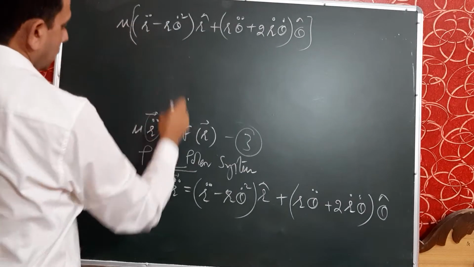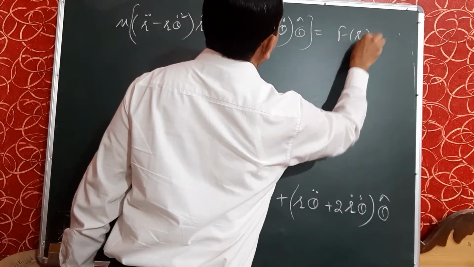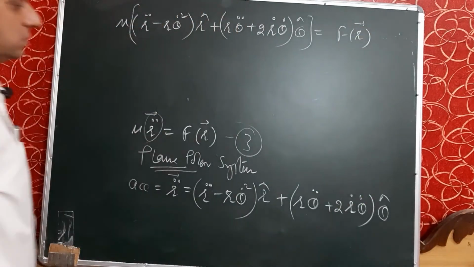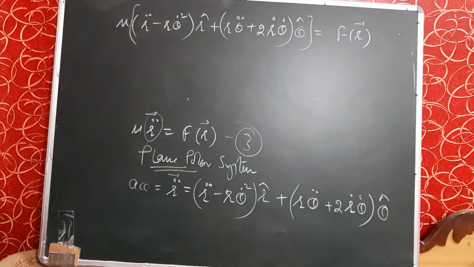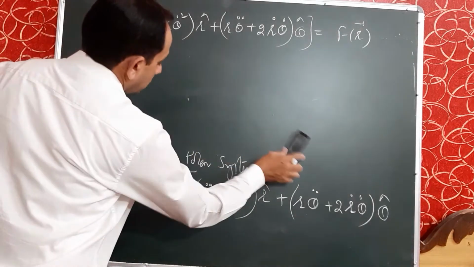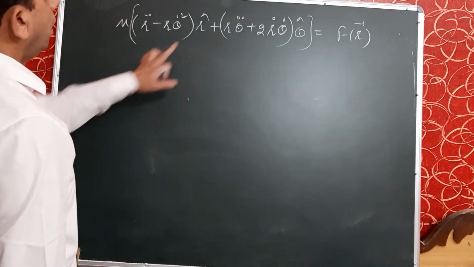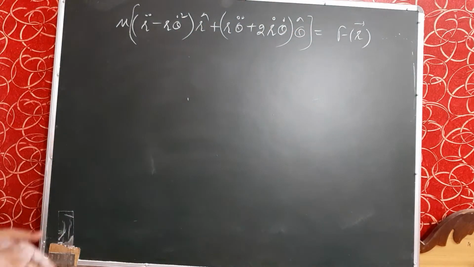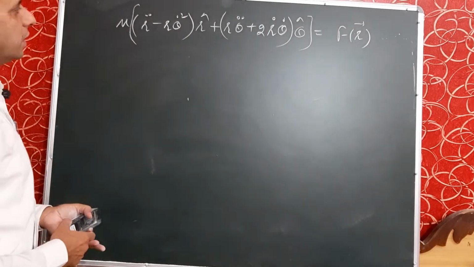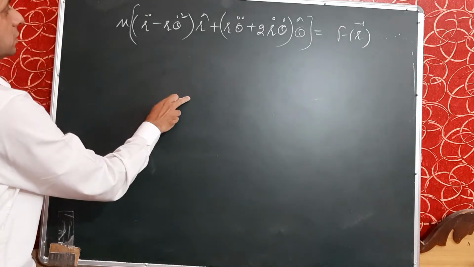This is mu and r double dot value, which is equal to f of r, that is on the right hand side. So this equation number 3 becomes this. Now we will separate the coefficient of r cap and theta cap on both sides, or we will compare the components r cap and theta cap separately from this equation.